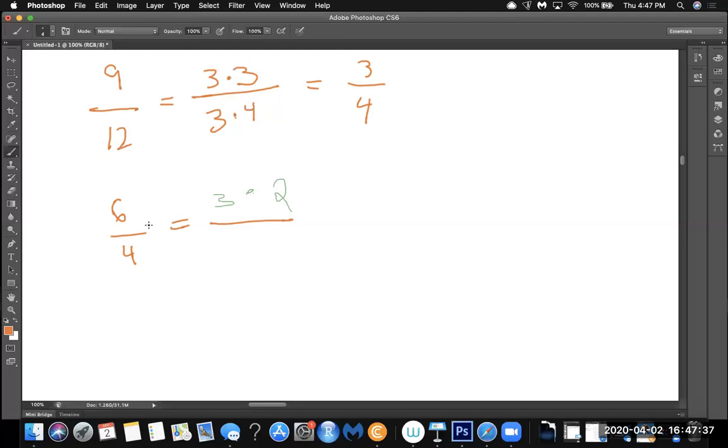Very good. And then the bottom one, how would I break it up? 2 times 2. Very good. Write it down.